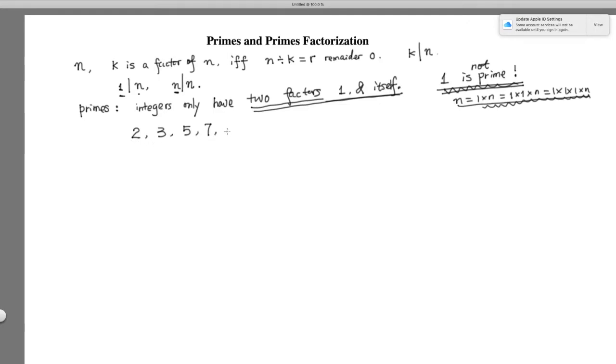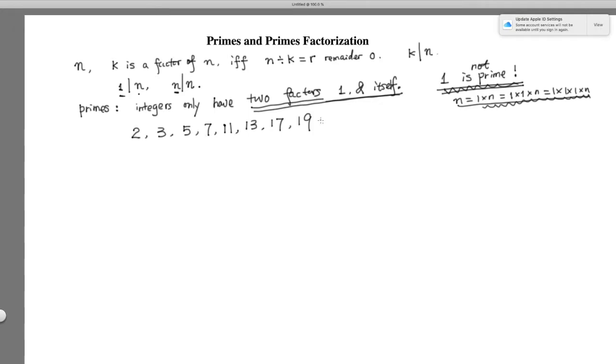Here I'm listing the first 10 prime numbers. And 9 is not a prime because 9 equals 3 times 3, so it has factors more than 1 and 9. The next prime numbers are 11, and then 13, and then 17, and then 19.